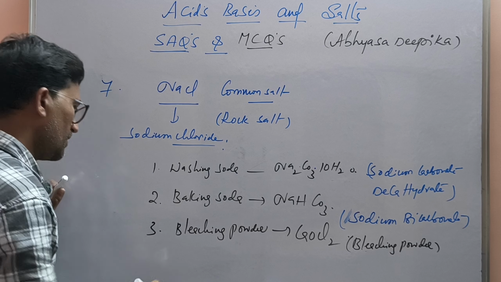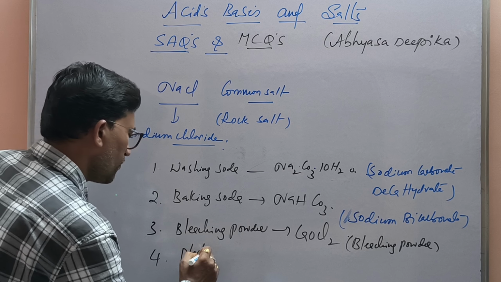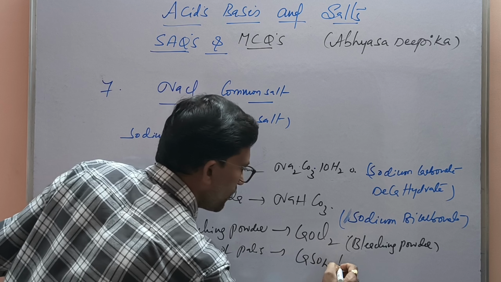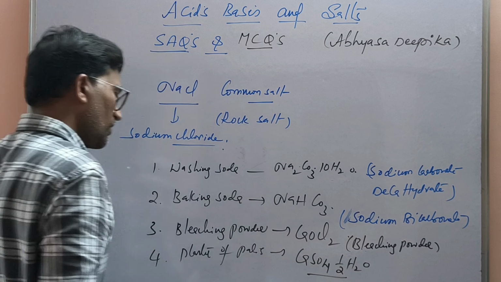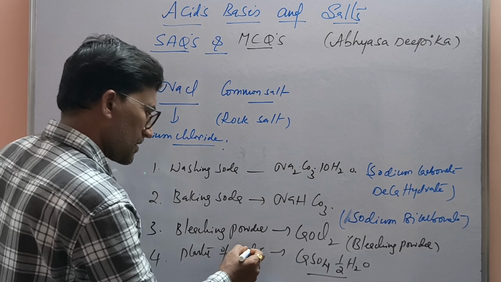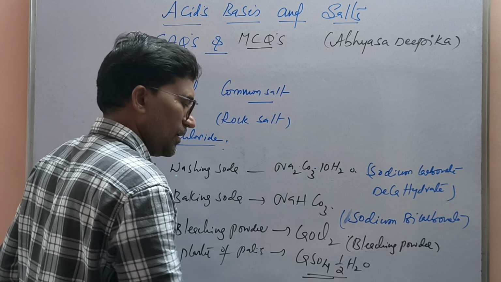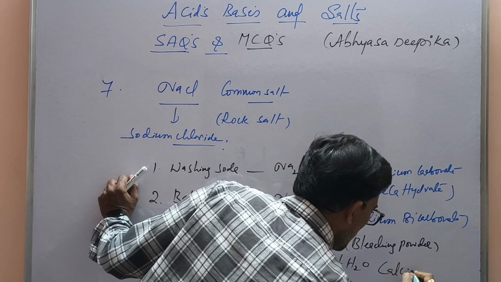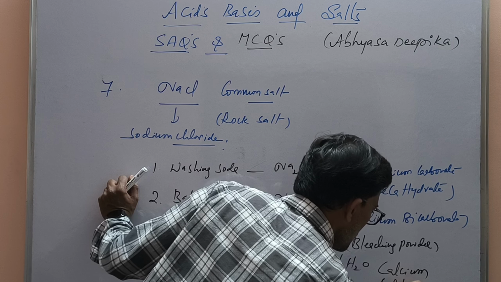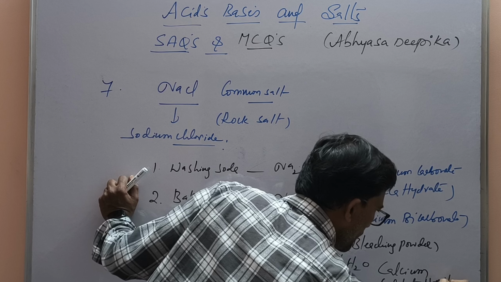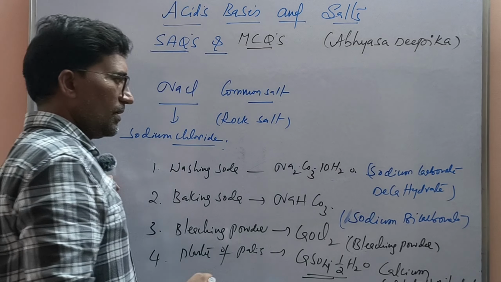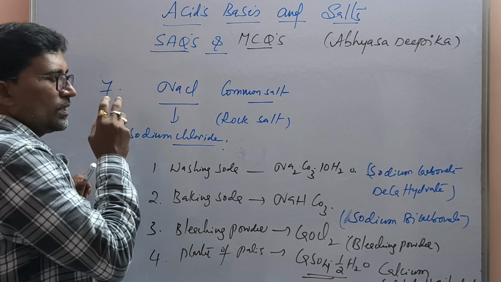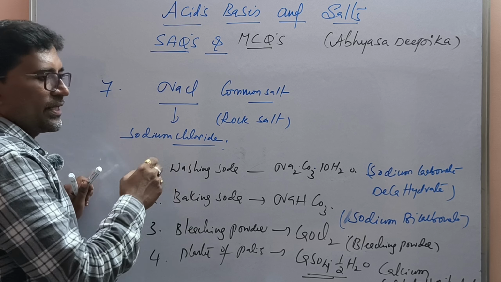Next one is plaster of Paris, chemically called calcium sulfate hemihydrate. Very, very important.